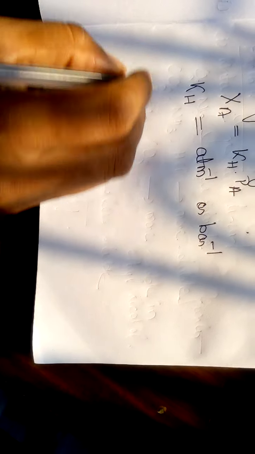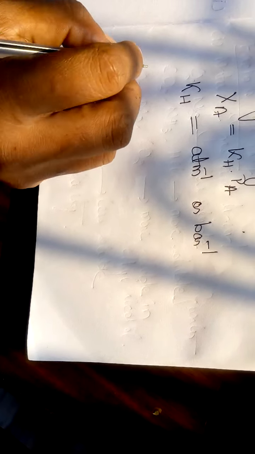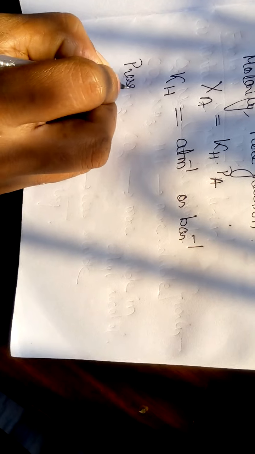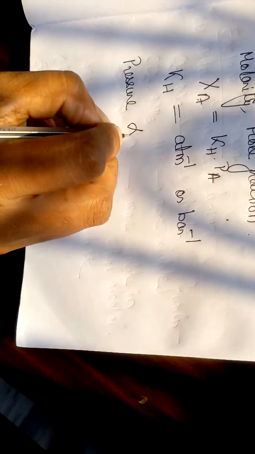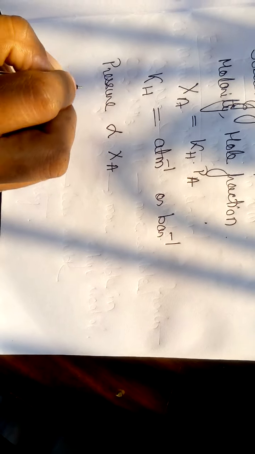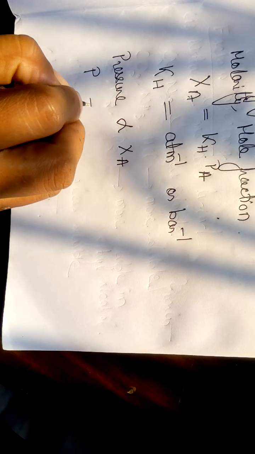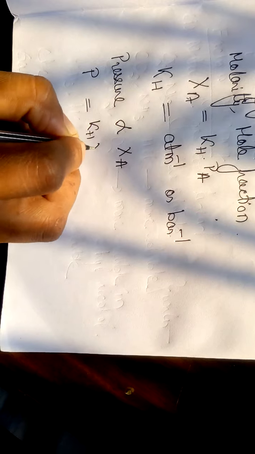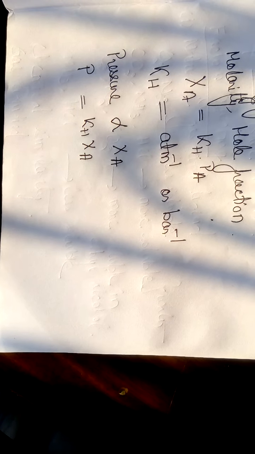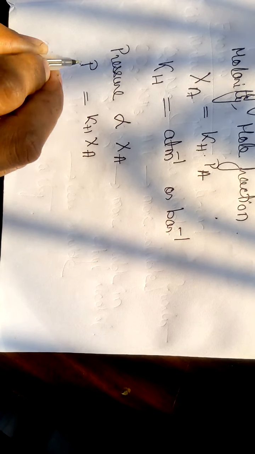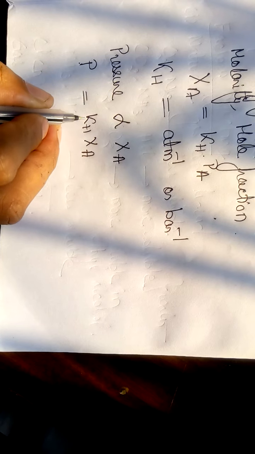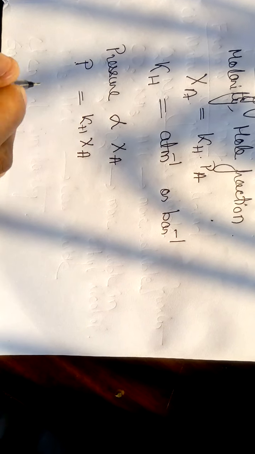If we take the relationship partial pressure is directly proportional to the mole fraction, then it comes out as partial pressure of the gas is equal to Kh into Xa.